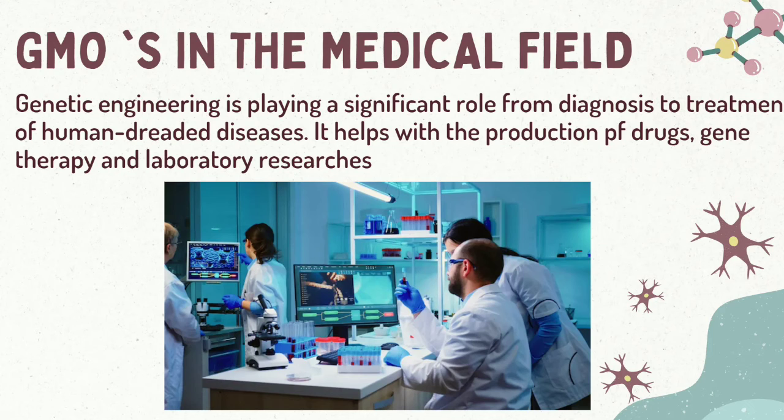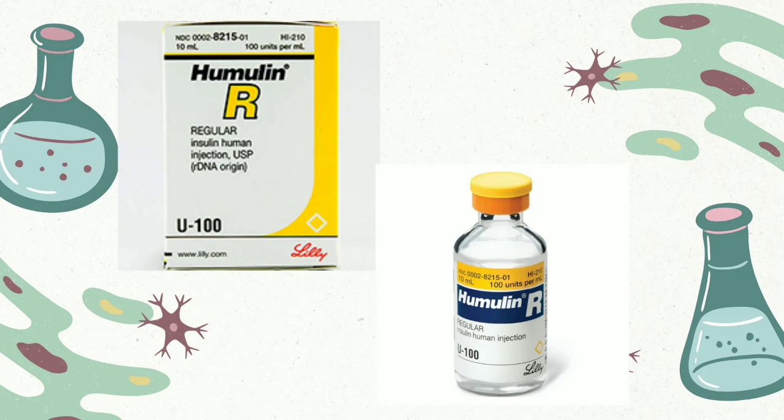Genetic engineering is playing a significant role from diagnosis to treatment of human-related diseases. It helps in the production of drugs, gene therapy, and laboratory research. GMOs are a big help, especially in the medical field. One example with a big contribution is insulin, or humulin, which is used to treat diabetes patients. If your blood sugar is high because of diabetes, you inject or take insulin to lower it.